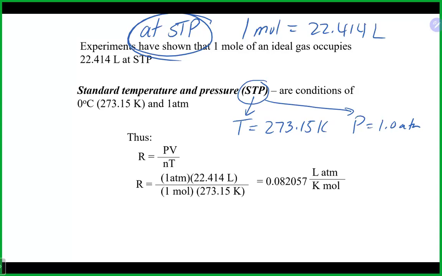If you don't want to worry about using that incorrectly in a situation where you should not use it, once again, you can always use the ideal gas law. Doesn't matter if it's STP conditions or non-STP conditions, you can always use the ideal gas law. Just put the numbers in, and everything will come out the same. So that conversion only works at STP, while the ideal gas law can be used under really any conditions.